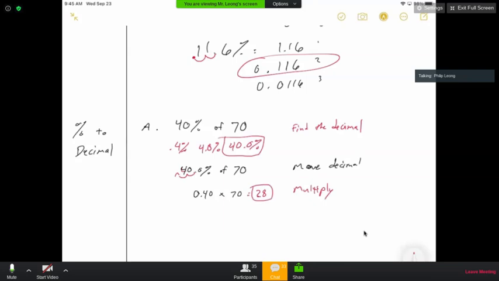So 40% of 70 is 28. So if you had 70 pieces of candy and you ate 40% of it, you ate 28 pieces. That's what that means. Right? You're like, oh, the next week I'll eat 100%, right? Yeah. Okay. Once you guys get the hang of it, it's pretty simple.